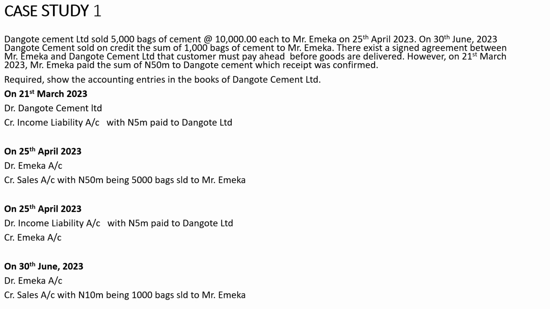So in the books of Dangote Limited, you debit Emeka account, you credit sales account. Why are we crediting sales account with 50 million, 5,000 bags sold to Mr. Emeka? Why are we crediting sales account?